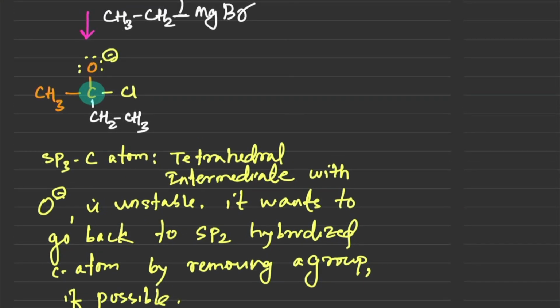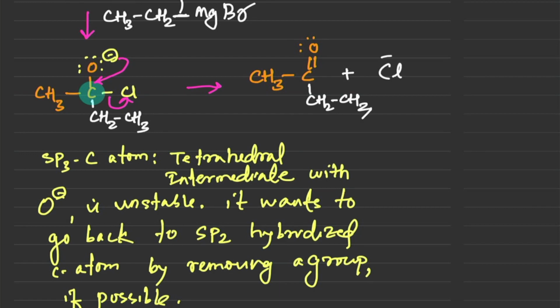So in this case, what would happen is the O minus will bring back one of the lone pairs to form the CO pi bond, and then you got CO and CH2CH3, plus Cl minus.